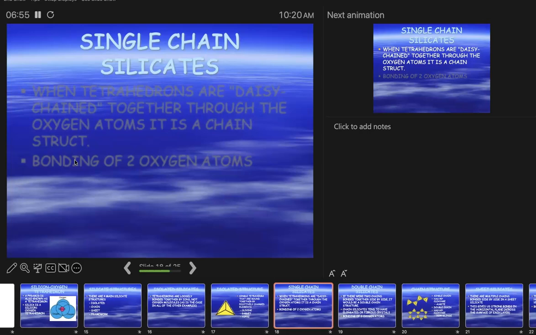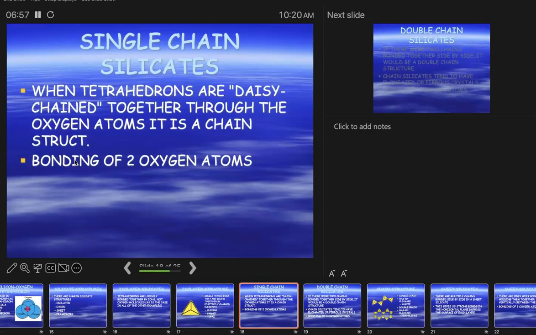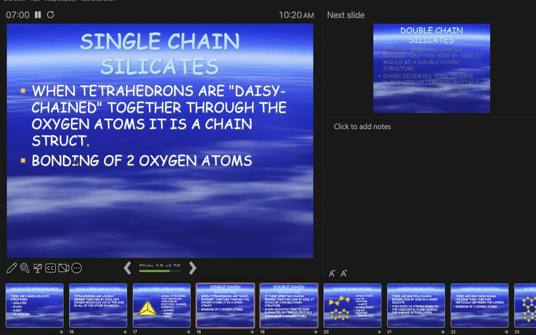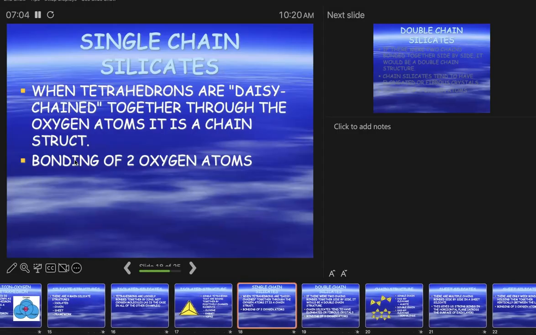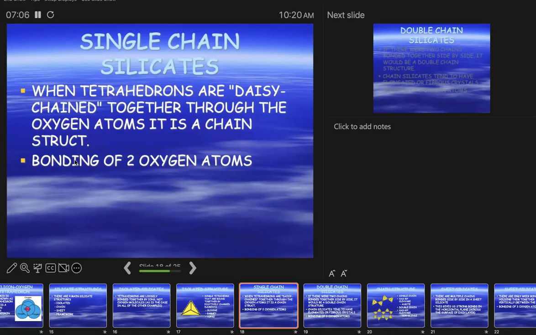So in the next slide, once we start putting them together, when you see 2 corners of the pyramids together, that's your oxygen bond. That's your oxygen to oxygen bond. All right, so isolated structures are just that. You've got it. We're not trying to say that there's just one tetrahedra there. There's many. They're just not bonded together very strong.